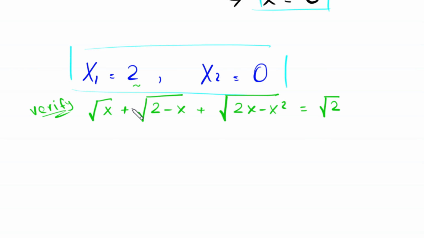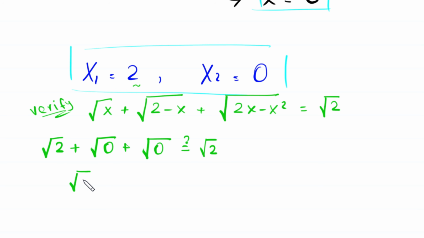When x is 2, this will become root 2 plus root of 2 minus 2, which is 0, plus root of 2 times 2, which is 4, minus 2 squared, which is 4. 4 minus 4 is 0. Is this equal to root 2? Root 2 is equal to root 2. It means that this first value of x, 2, is a valid solution.